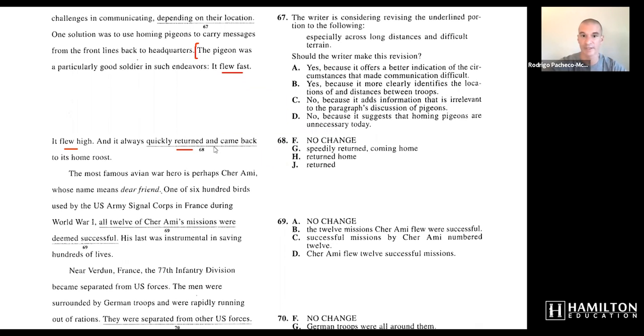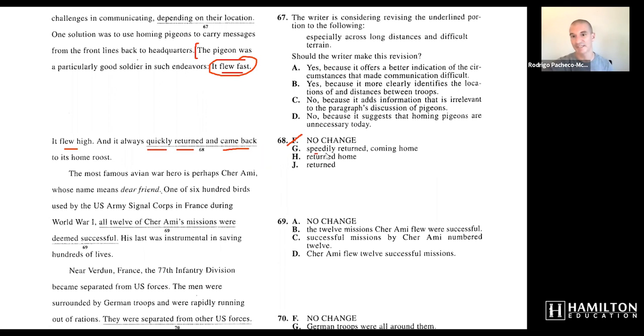So we have a redundancy here between returned and came back. This means the same thing. And we don't need to say quickly because we already know that it flew fast. So we see some redundancies with F, no change.